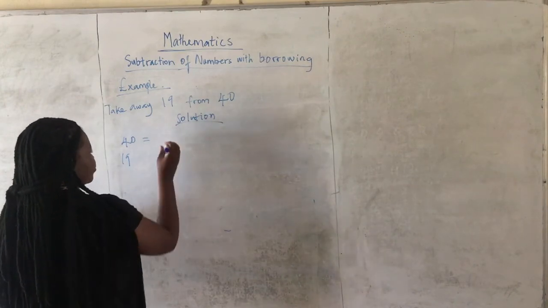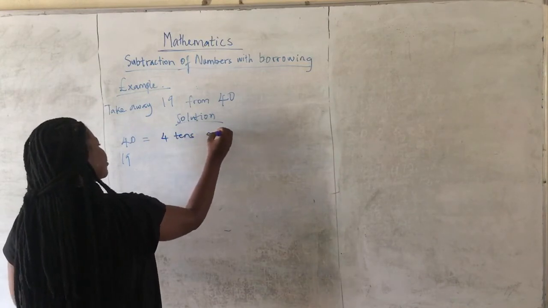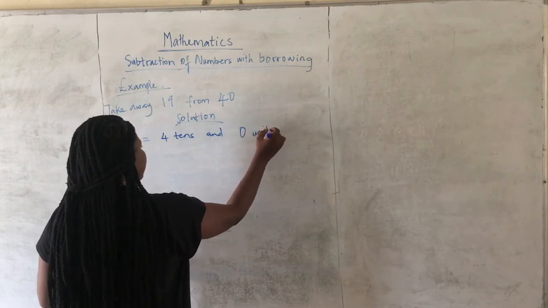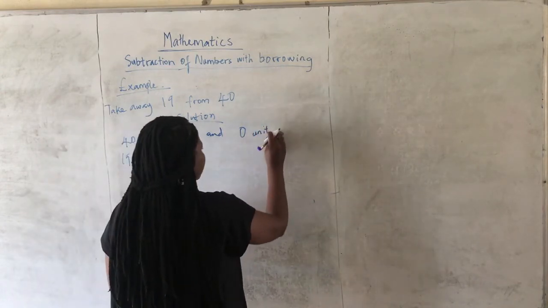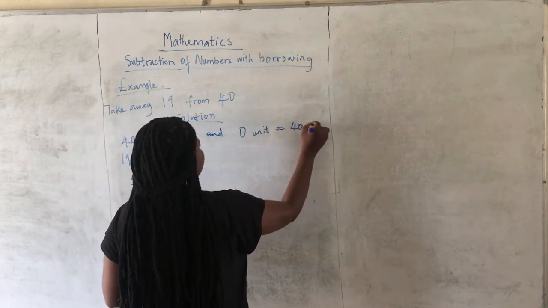Renaming them, we have 4 tens and 0 units. There's nothing there. The unit column is empty, which is equal to 40 plus 0.